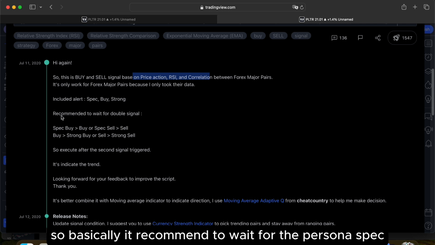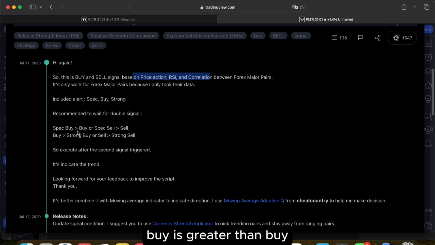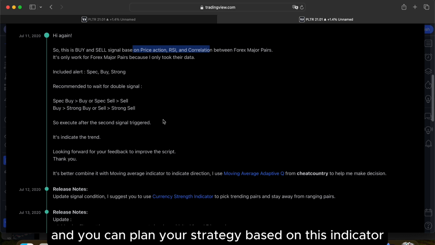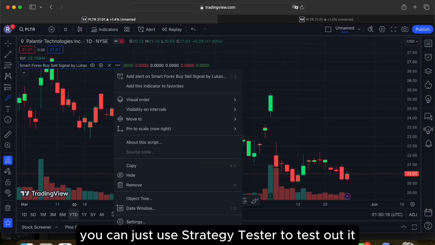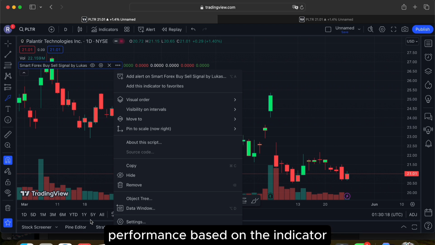It recommends waiting for a double signal: spec buy is greater than buy, or spec sell is greater than sell. You can plan your strategy based on this, and you can use the strategy tester to test its performance.